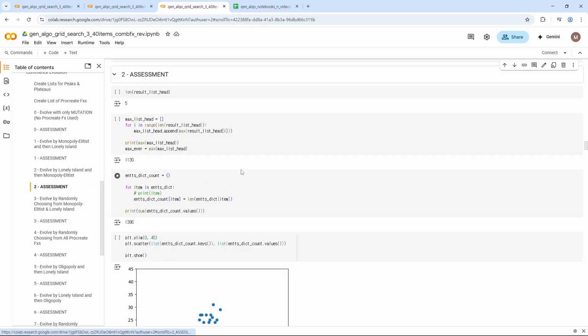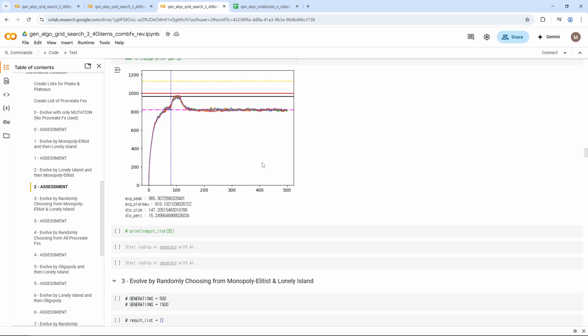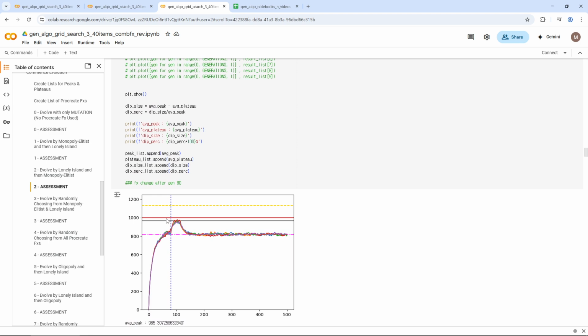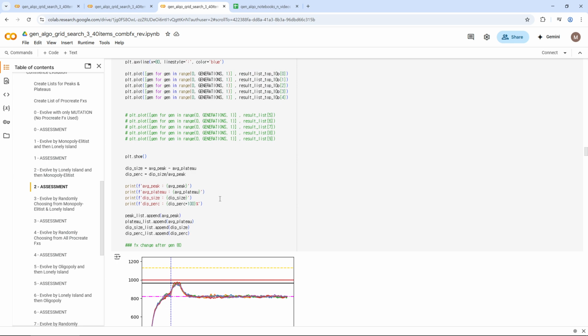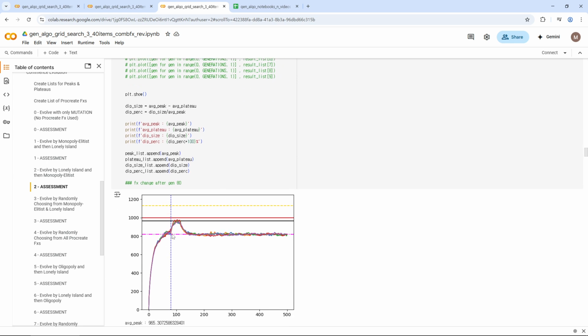But if you look at this, almost as soon as we change to Monopoly Elitist, the average sum utility value of the top 10% skyrockets and then peaks, but sadly it comes back down and plateaus. Maybe one good thing would be to... Yeah, maybe not. I'll think about it.